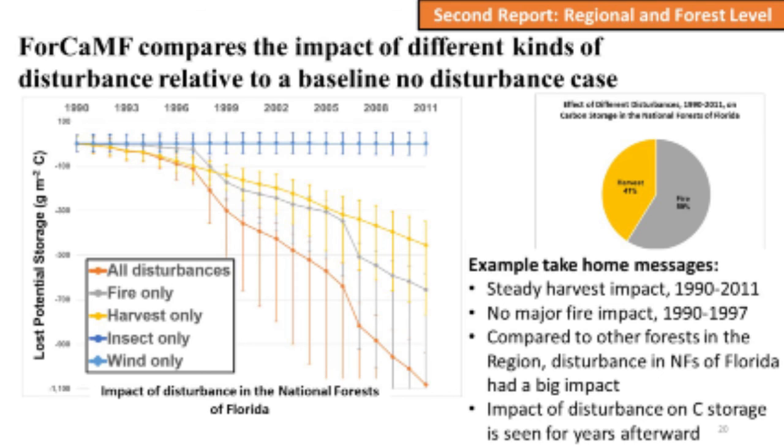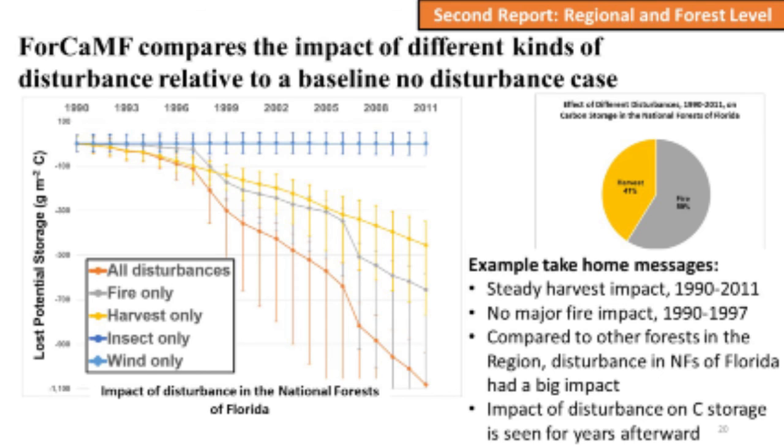We didn't get much fire activity until about 1996, and there were a few years there where there were important fires, and actually together over the entire period, those important fires pushed the impact of fire above the impact of harvest.